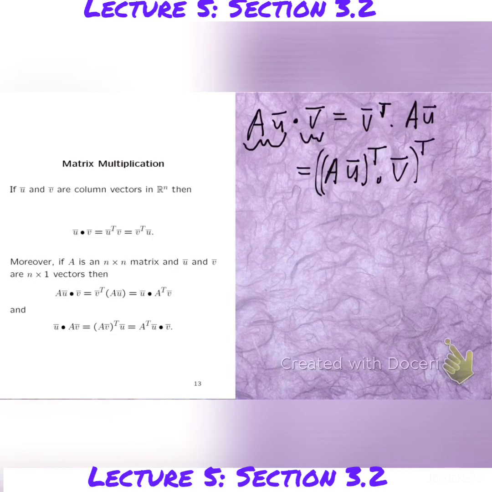That's just an application of the transpose over a product between two matrices. So then that becomes U's transpose multiplied by A's transpose, multiplied by the vector V, everything transpose.